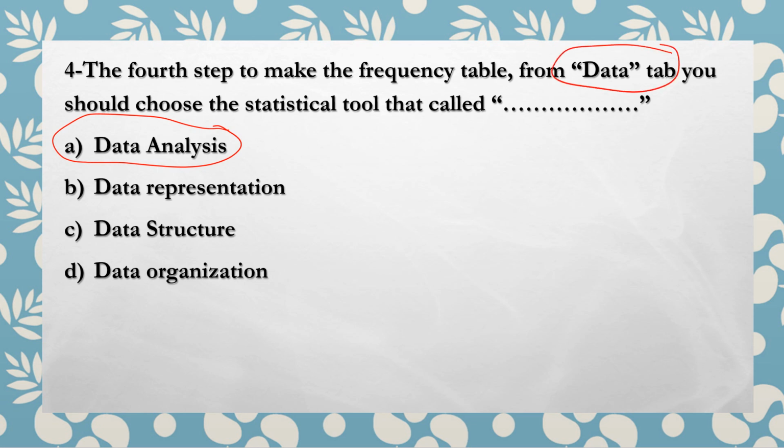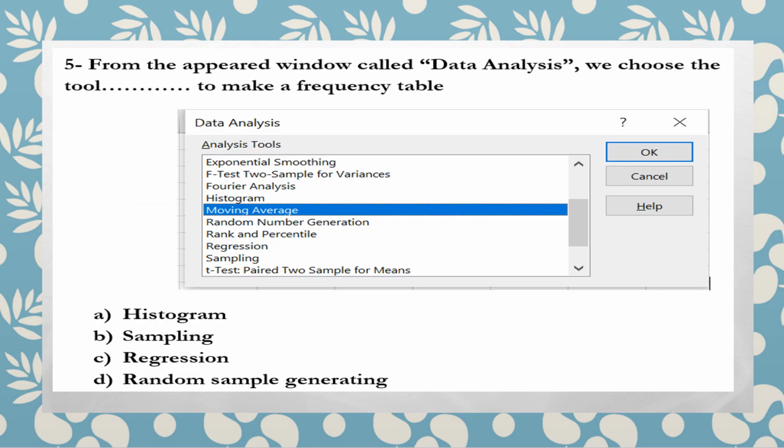So first, coding data. Second, determine the variable classes. Third, go to the data tab. Fourth, choose the data analysis tool. After that, choose the analysis tool that you need to apply on these data. In our example here, we are going to make a frequency table.